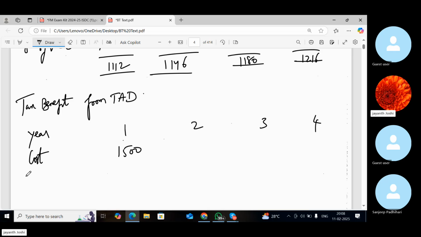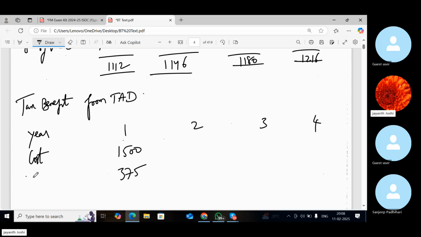Okay, tax savings. So this is the asset value and the depreciation. 1500 into 25%, 375 is the depreciation value.